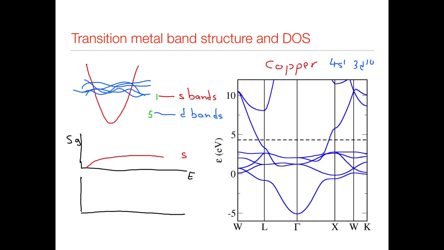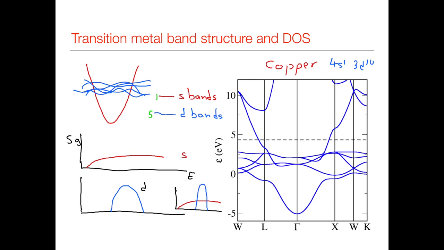I could draw that schematically as something like that. So this was D, and the total density of states we might draw as just the superposition of these two things, something like that.